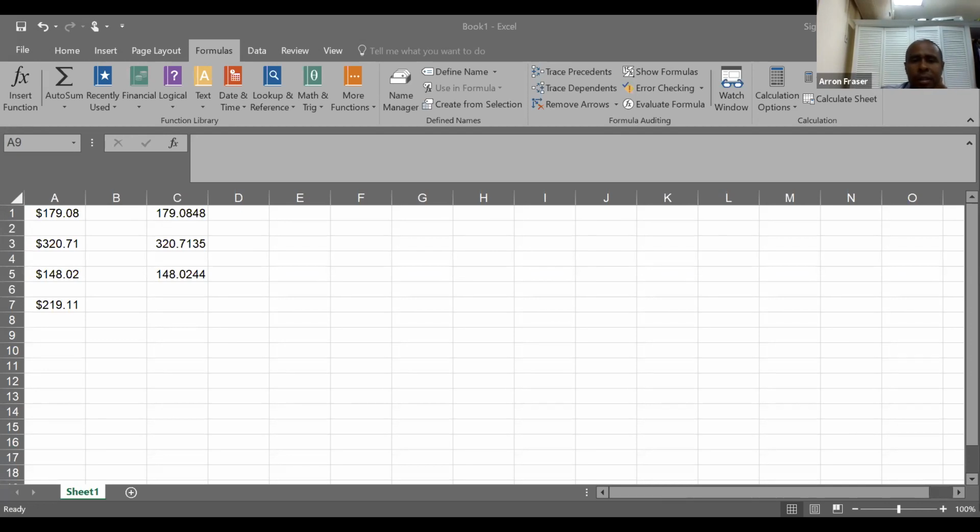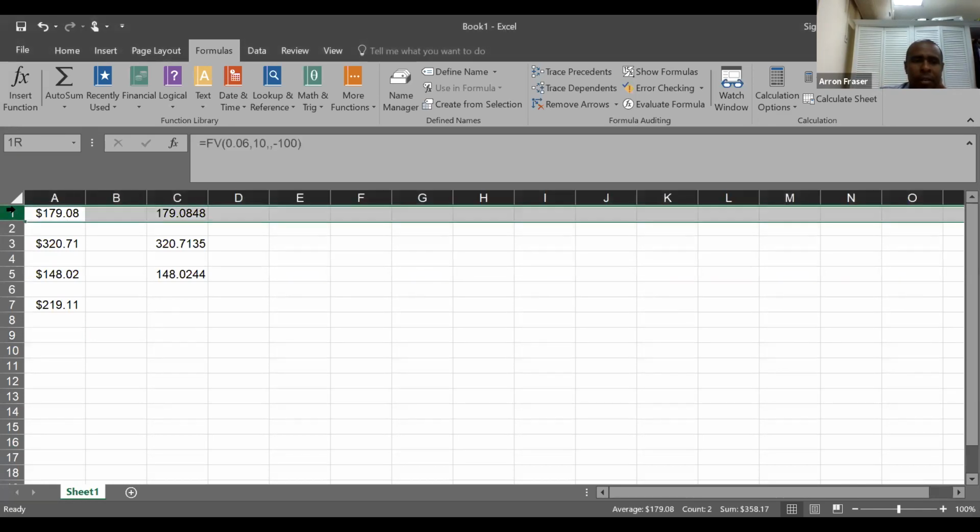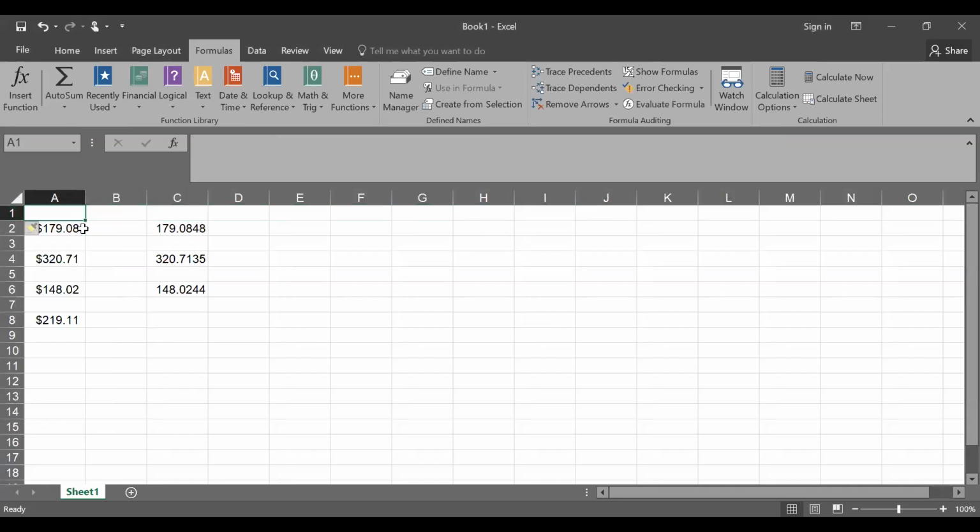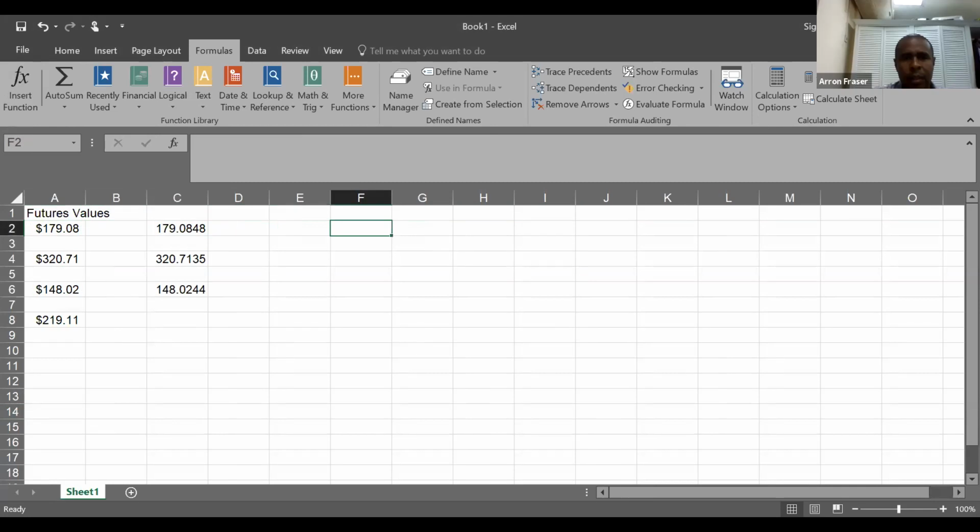So in Excel, again, these are future values, and these ones over here would be present values. So same kind of operation. We're looking at $100 discounted at 1% for 10 years.